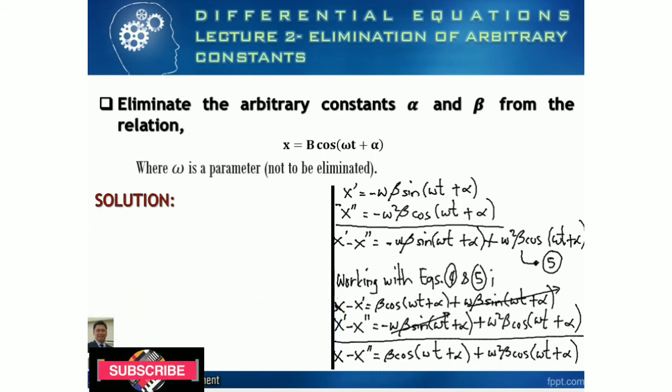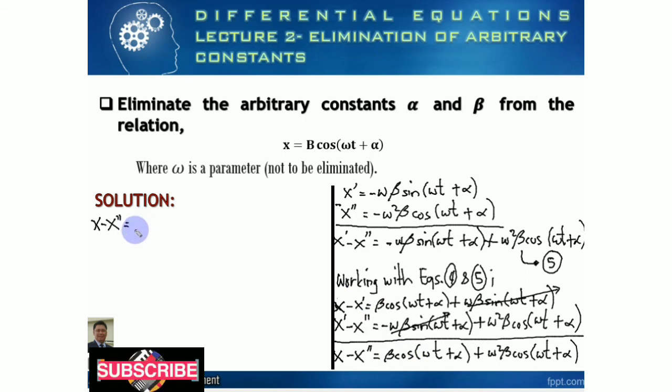So from here we have x minus x double prime is equal to, we are going to simplify. We have a common term here, the beta cosine of omega t plus alpha. So we can move this one out here.